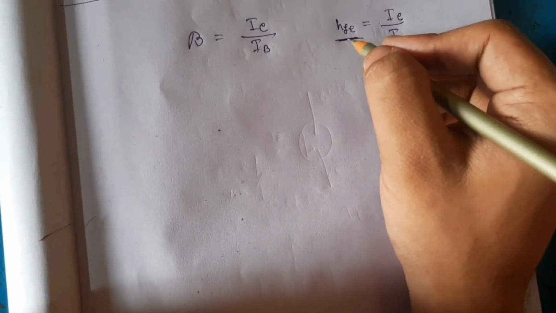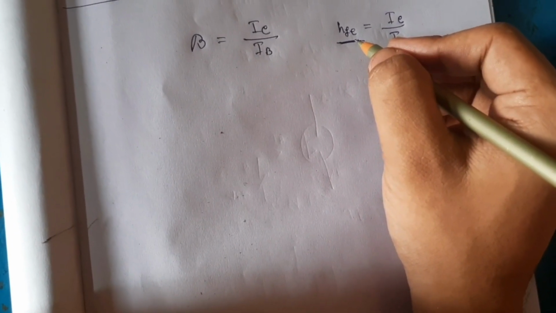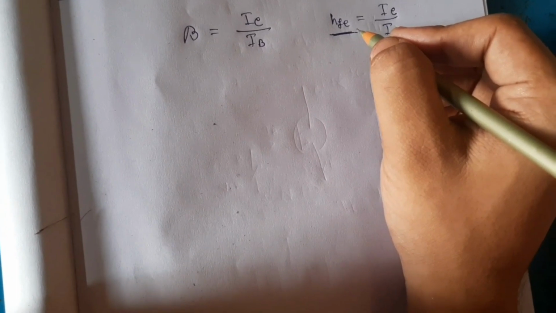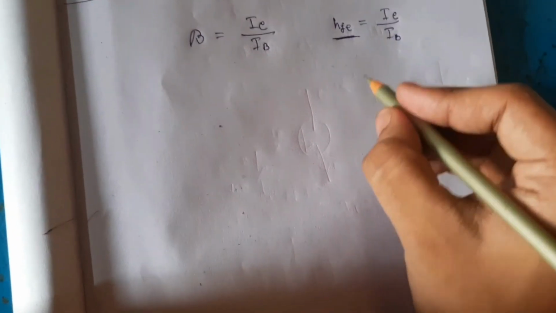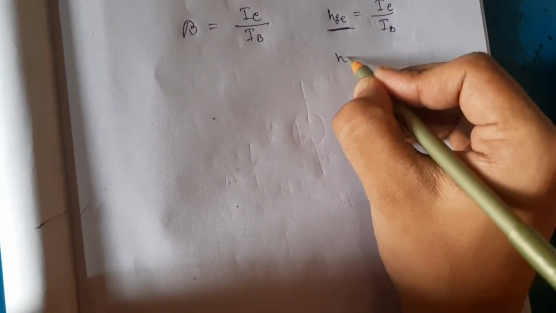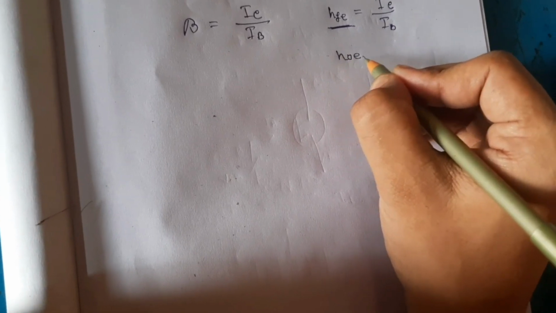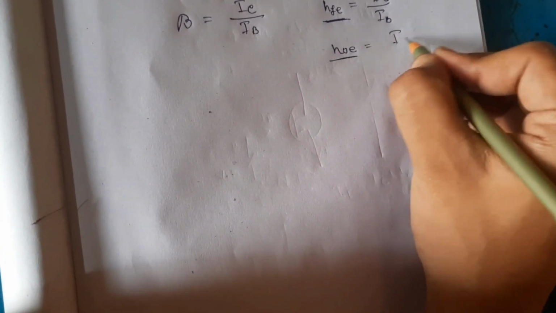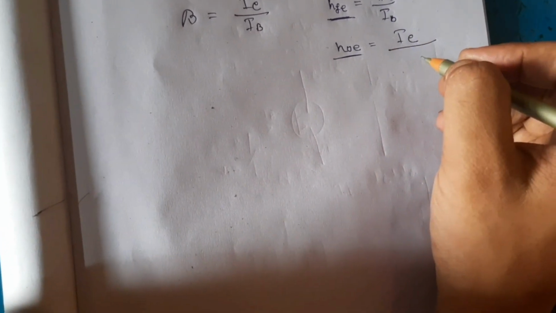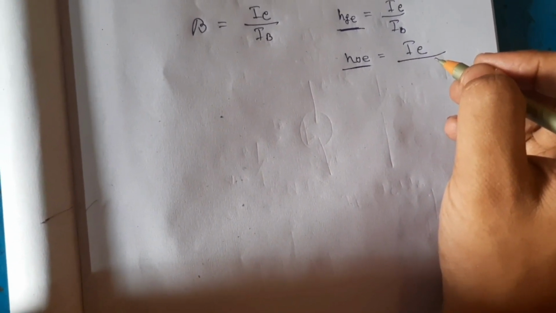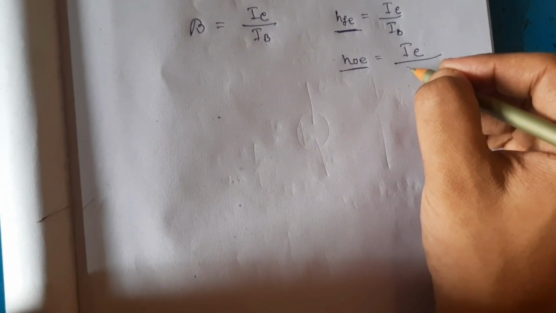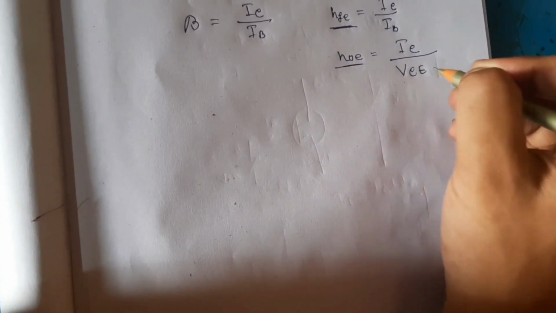HFE is the hybrid forward current gain in common emitter mode. And another type is HOE, which is the hybrid output admittance in common emitter mode, which is IC by VCE.